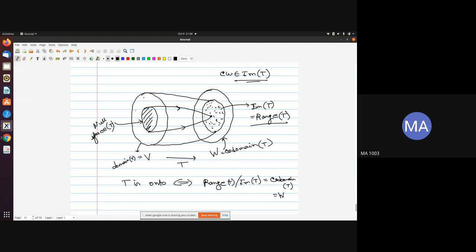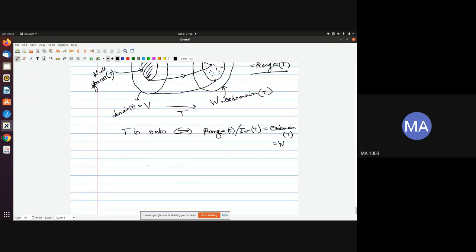And here is the punchline. This range space, the image space, is a subspace. I have proved that. The dimension of this range space is called rank. This is called rank-nullity.